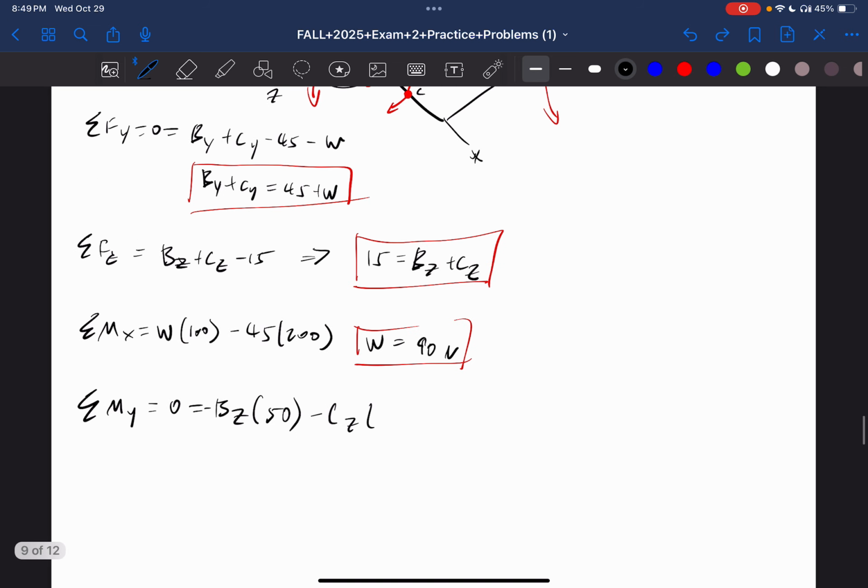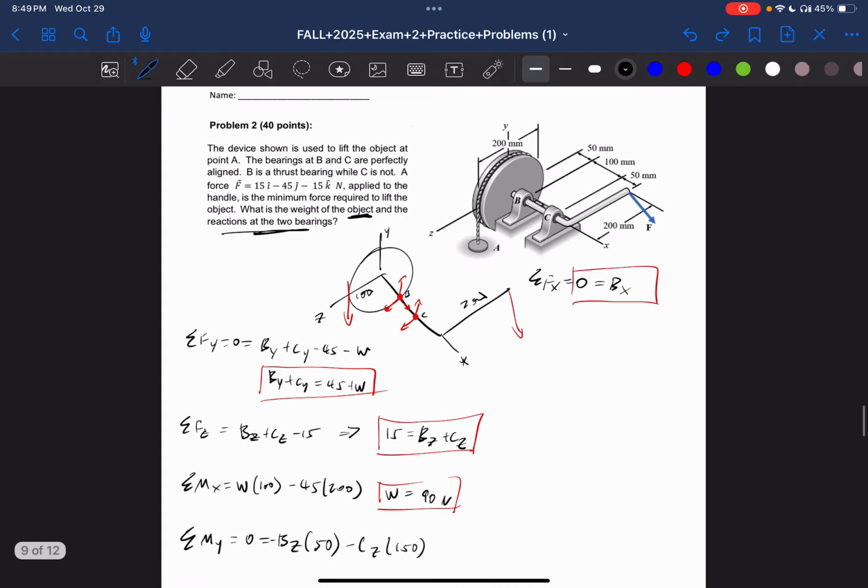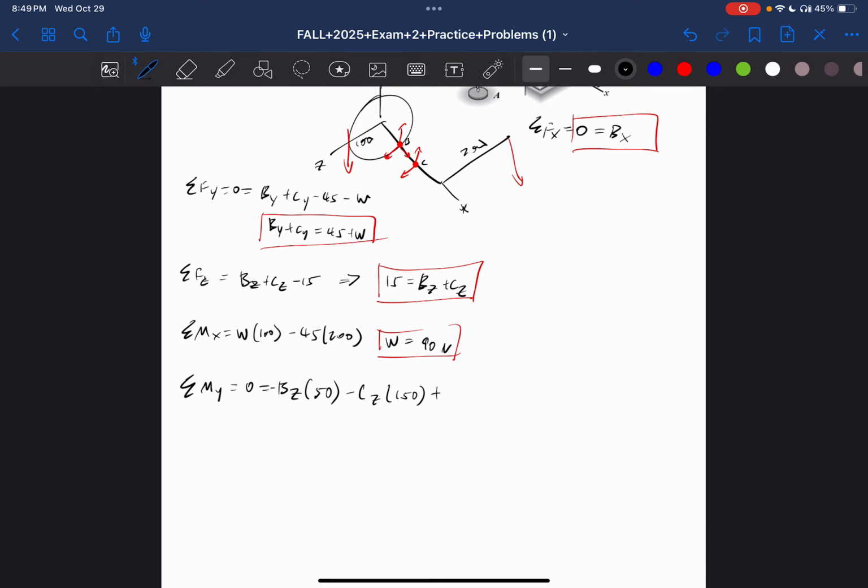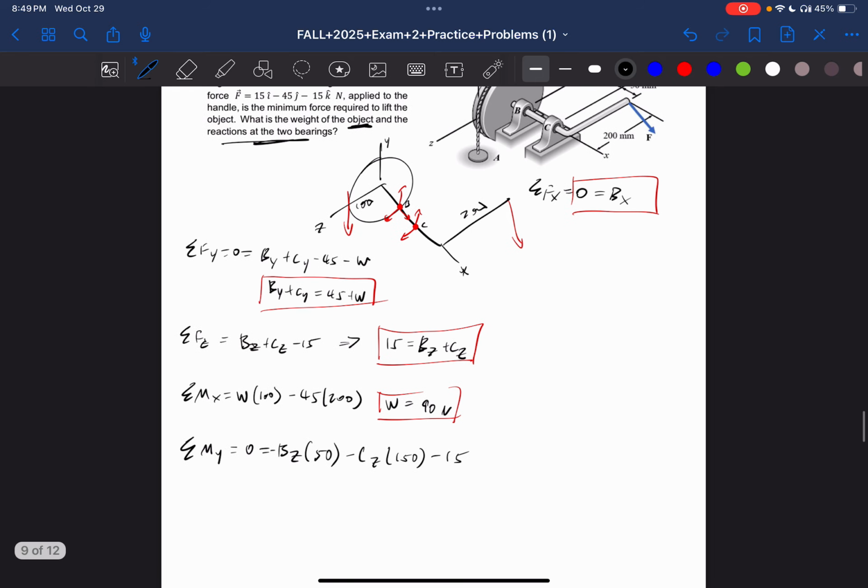And then we'll have this one right here in the z direction, so negative 15, plus, let's do minus 15 times the moment arm, which is going to be this entire distance, which is 200.